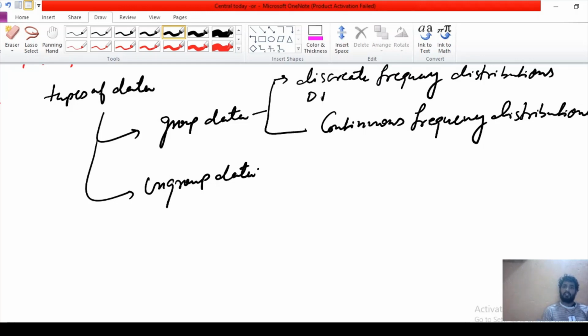So DFD and CFD. These two are the grouped data.